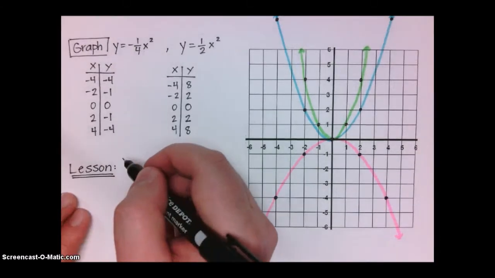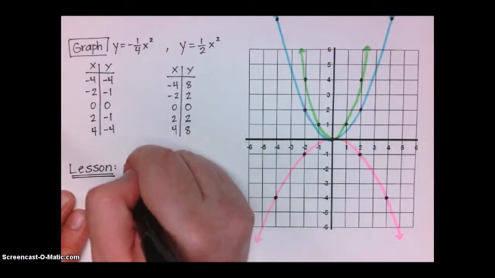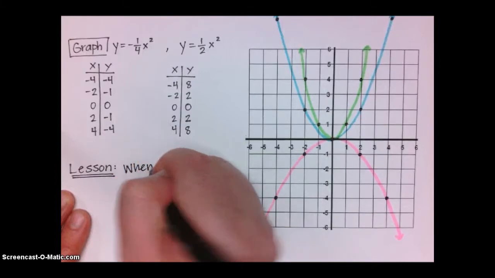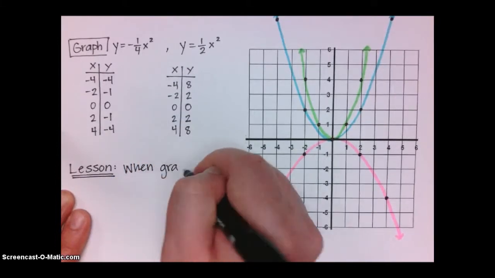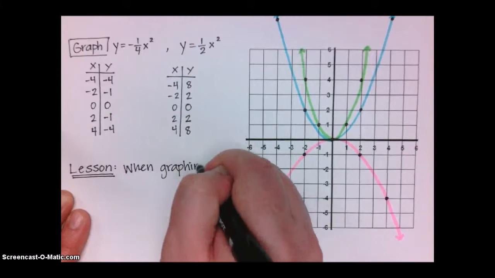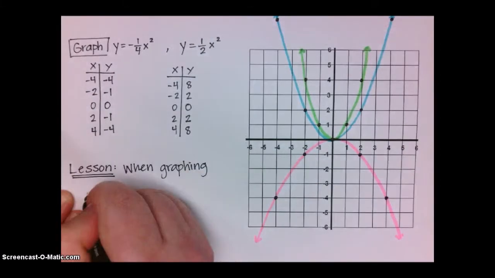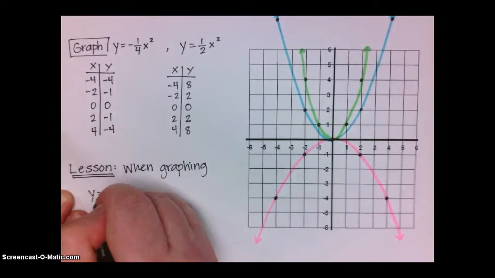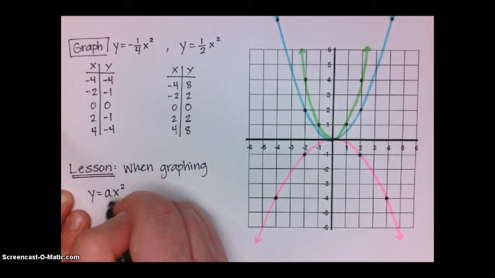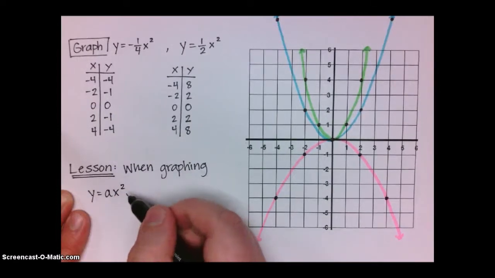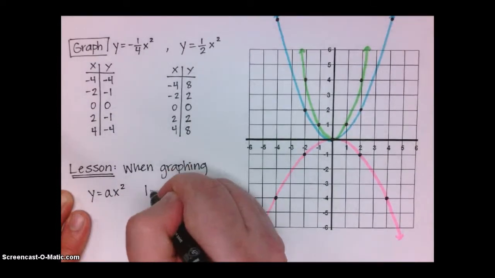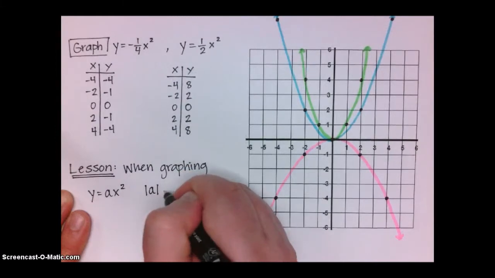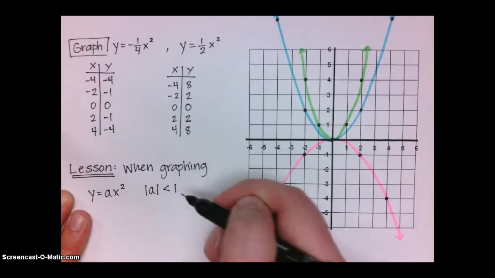So the lesson that I want you to learn now is that when you're graphing the quadratic function and it's of the form y is equal to ax squared, so some number times x squared, but this time when you take the absolute value of a and it turns out to be less than 1.